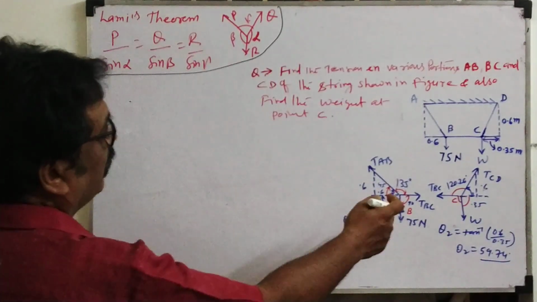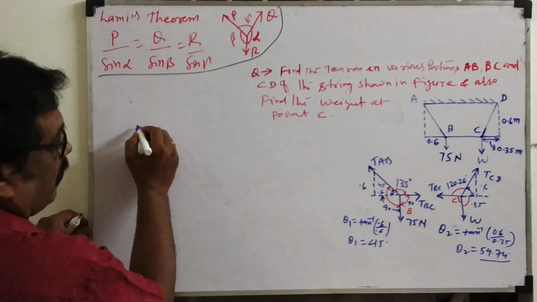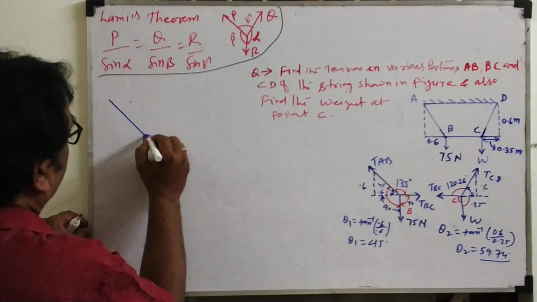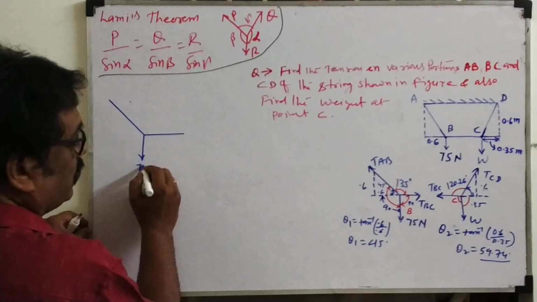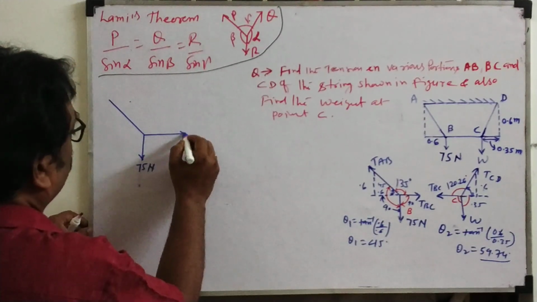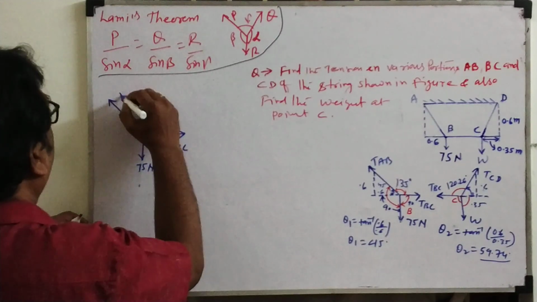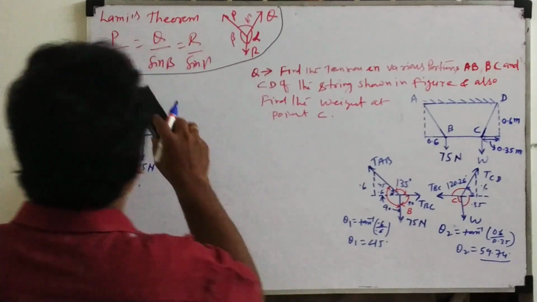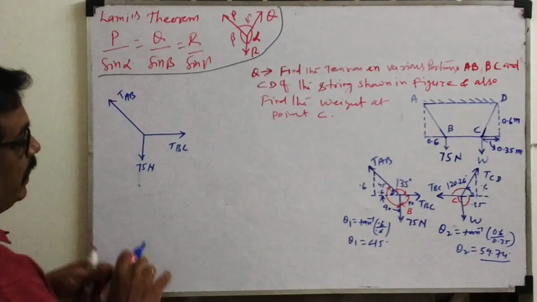This angle we know is 59.74. Now again we will redraw this diagram at junction B. You see here, briefly we will write only the angles. This is 75 Newton, this is TBC, and this is TAB. Now we write all the angles.